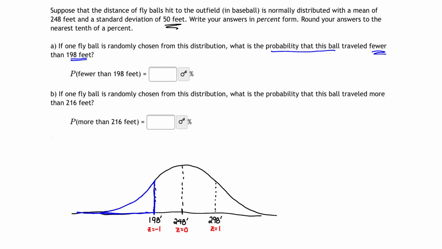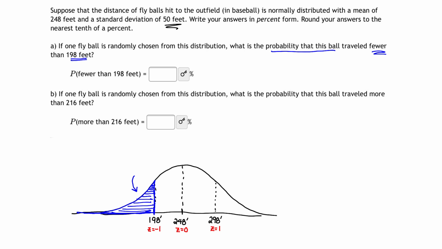The area under the curve to the left of 198 feet is the area that is going to tell me the probability or percentage that I'm looking for. The percentage of the curve shaded to the left of 198 feet is going to give me that probability that the ball traveled fewer than 198 feet.